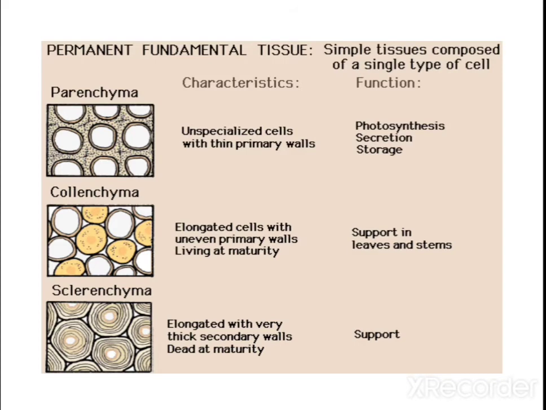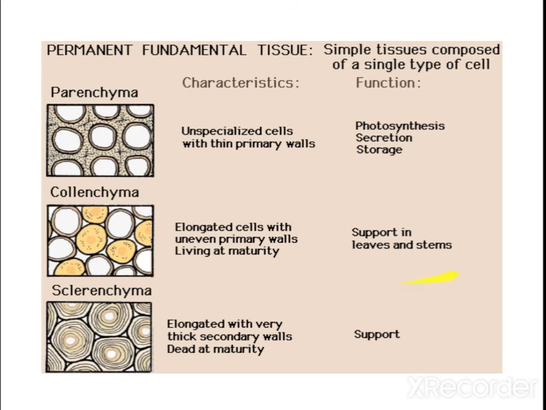A simpler comparative study is given. Parenchyma has unspecialized cells with thin primary cell walls. Main functions are photosynthesis, storage and secretion. Collenchyma has elongated cells with uneven walls thickened at corners, and they are also living at maturity.